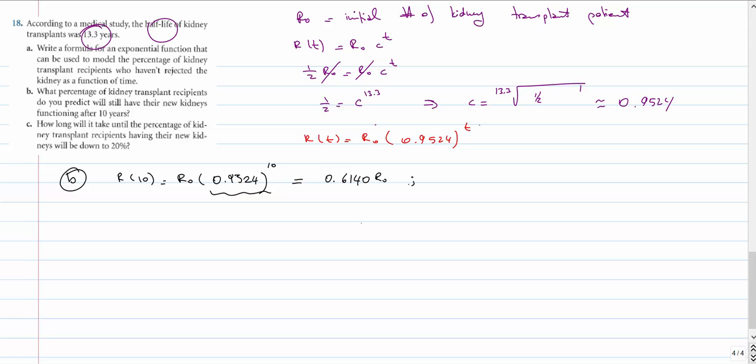So the percentage of recipients still having new kidneys is about 61%.